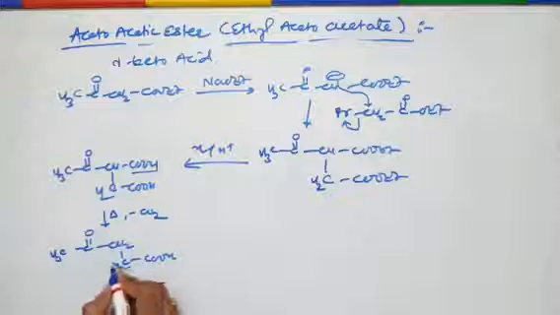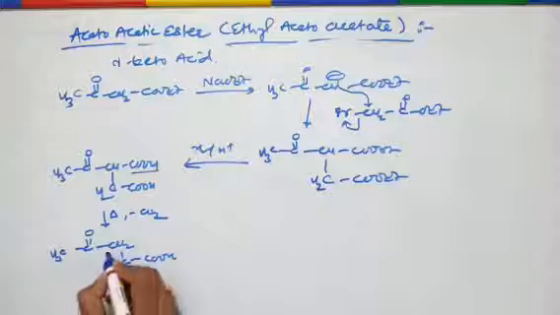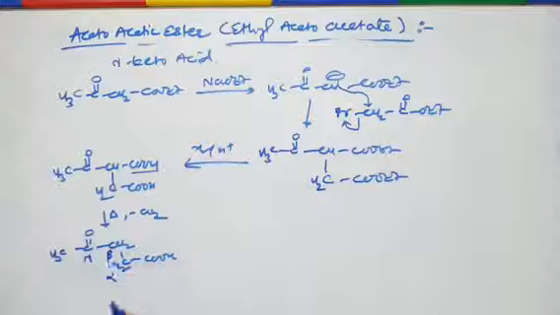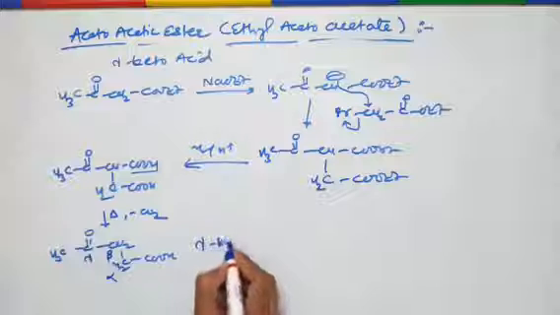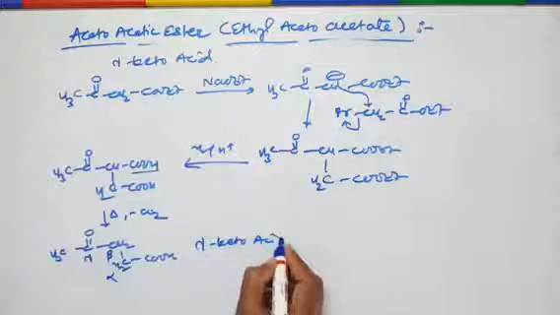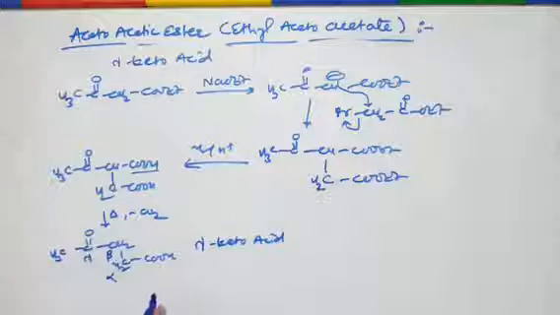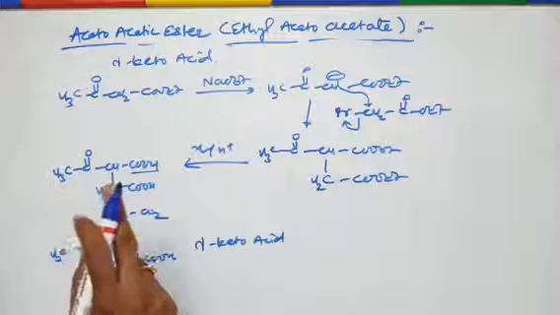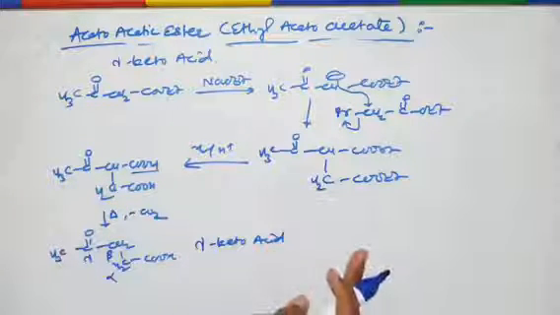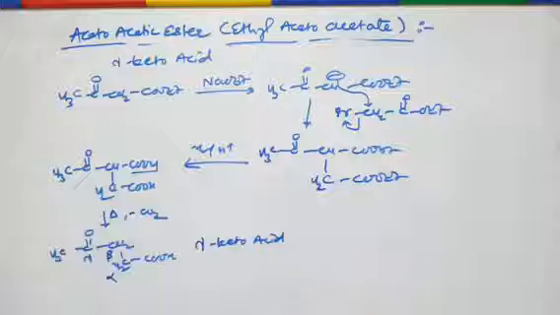So this is nothing but alpha, beta and gamma. At gamma there is a ketonic functional group, therefore it is called a gamma keto acid. So this is the product that can be synthesized by treating ethyl acetoacetate with alpha bromoester.